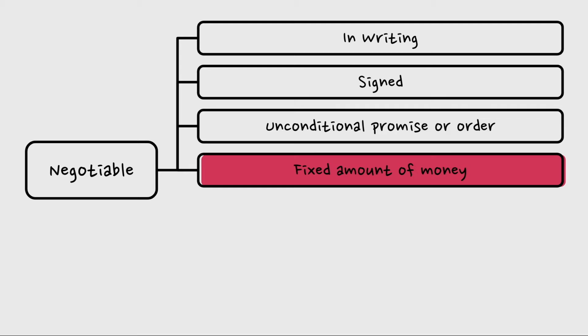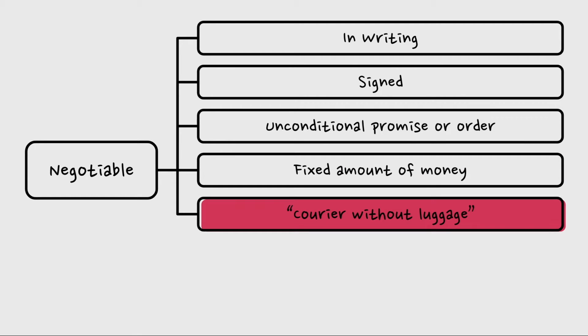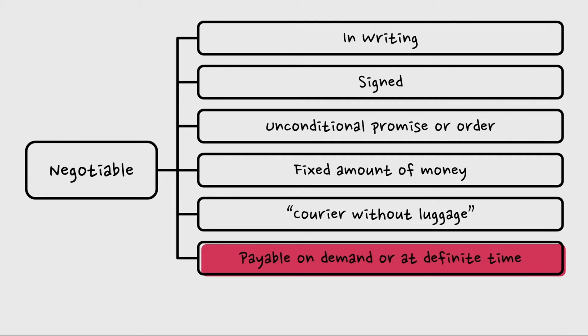A promise to pay a fixed amount of money, or an order to have the drawee bank, for instance, pay a fixed amount of money. And there's this idea of a courier without luggage, meaning that the instrument can't contain extraneous terms or promises other than the promise or the order to pay the fixed amount of money.